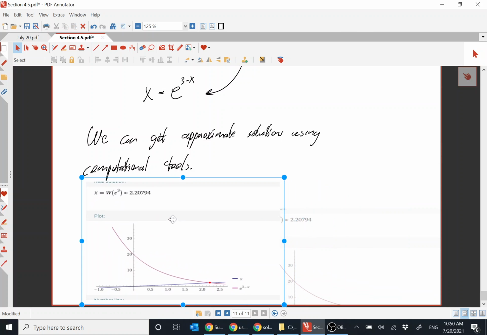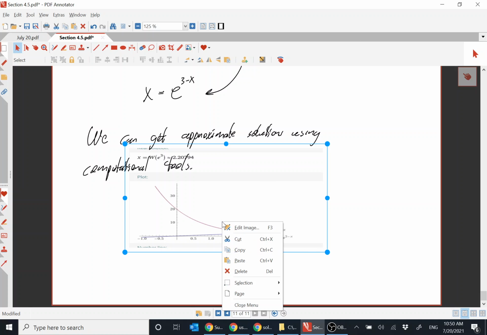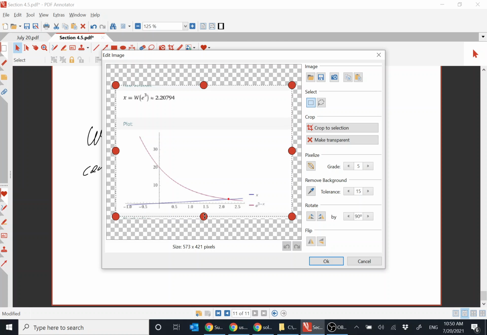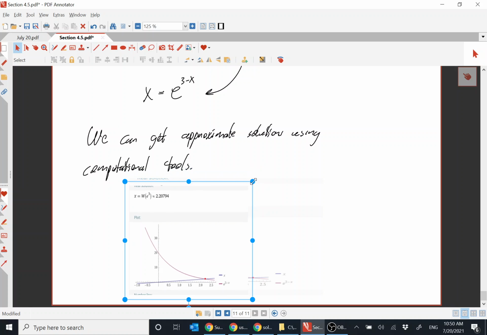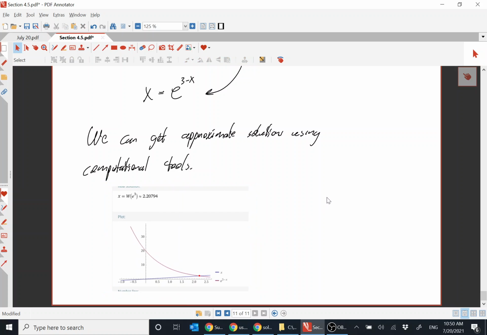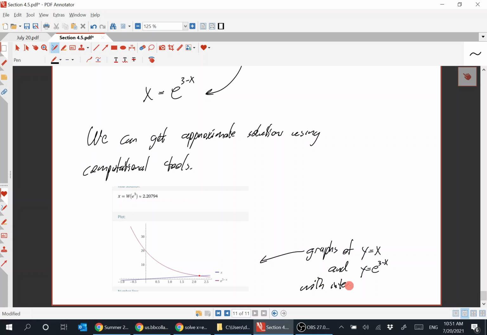This is the graph of y equals x and y equals e to the 3 minus x with intersection point shown.